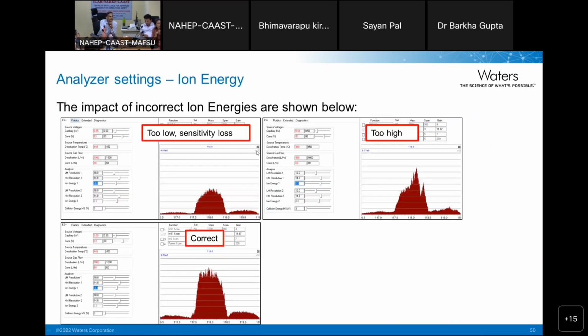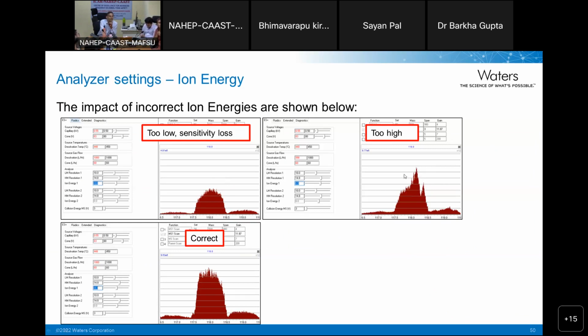In the same way, when your ion energy values are not optimum, that could lead to sensitivity issues. If the ion energy which was supposed to be there is low, that could lead to lower sensitivity. Or if it is too high, that could lead to peak shape issues. Sometimes you get the apex over here, sometimes at some other part.